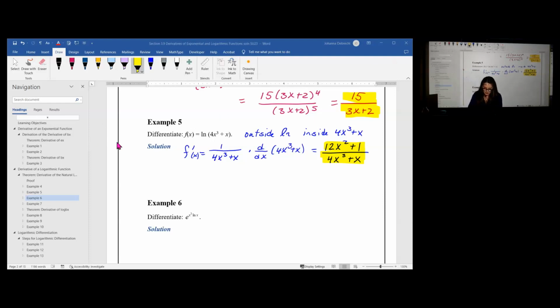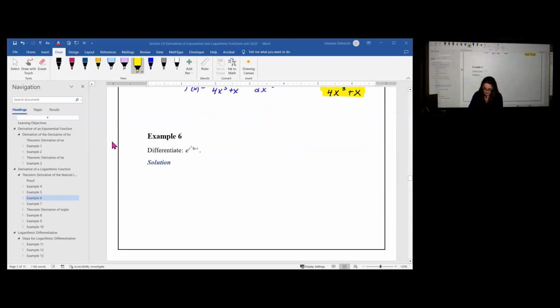Let's now take a look together at example 6. I have e to the x cubed multiplied by natural log of x. There are actually 2 approaches to this that we can use. I'll show you the first, which is the harder way, and then I'll show you the second.